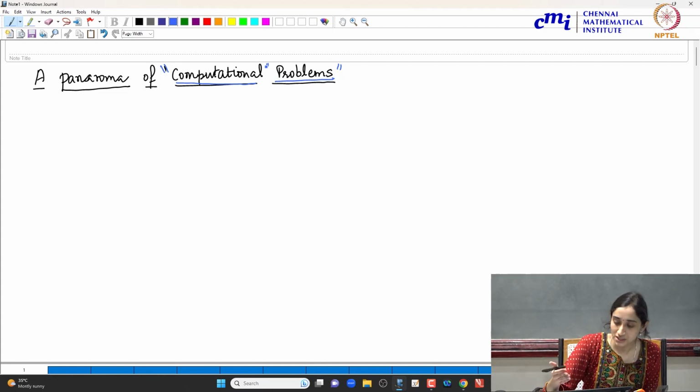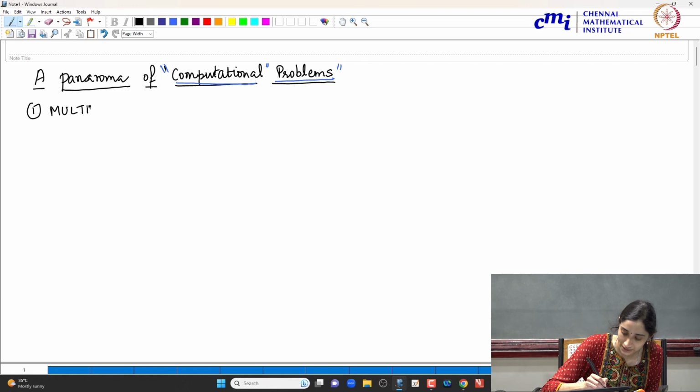So what are some problems that we come across every day which are not particularly limited to computers but are computational in a certain sense? Okay. So let's start with some examples. So multiplication.